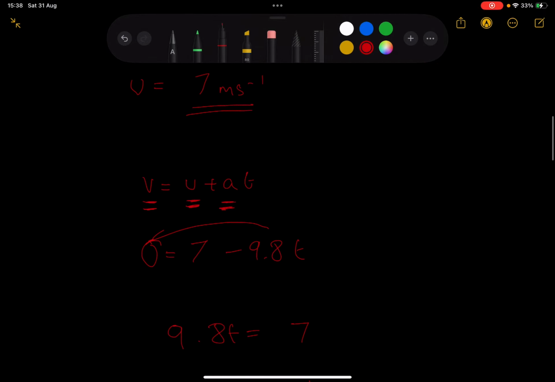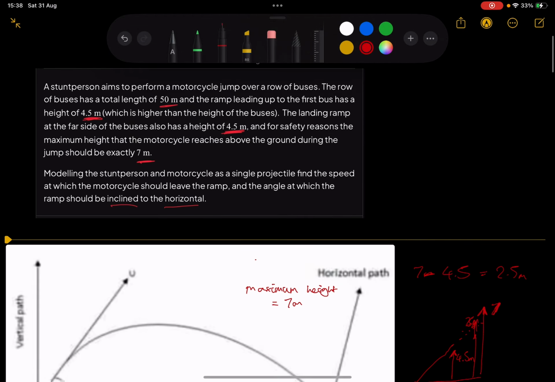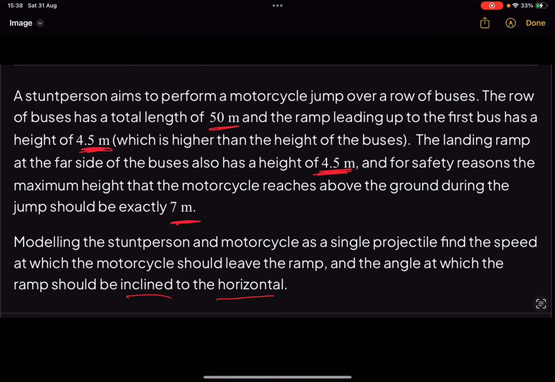Now we can work out the horizontal part. We can assume that since it's symmetrical in this equation, and it must land perfectly onto the ramp here, the maximum horizontal distance reached should be 25 meters before it falls.